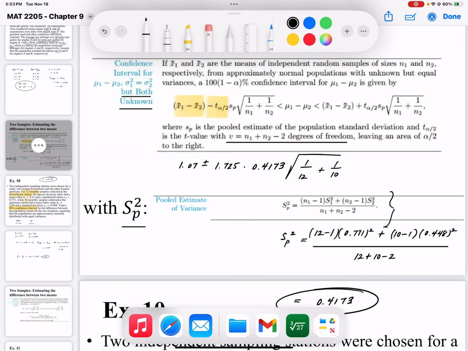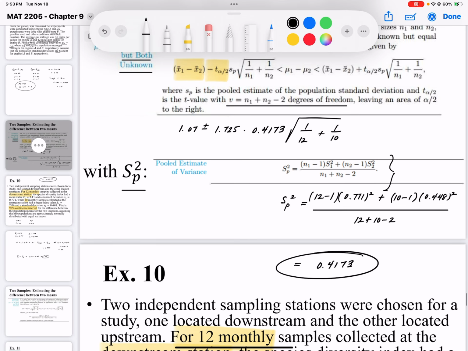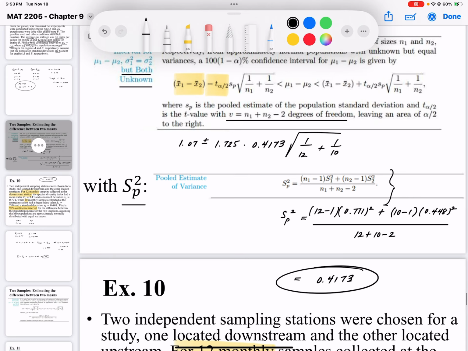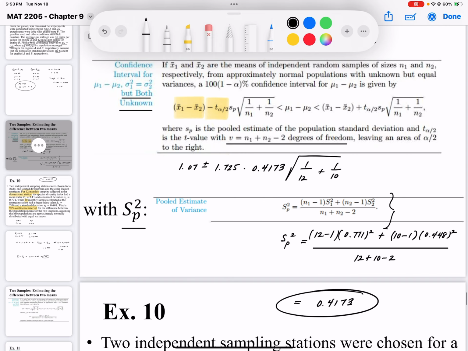Okay. For some reason, we have 0.417 there. I'm wondering if this is a typo. Should that be s p squared? Our s p squared value is 0.4173. This just says s p without the square.